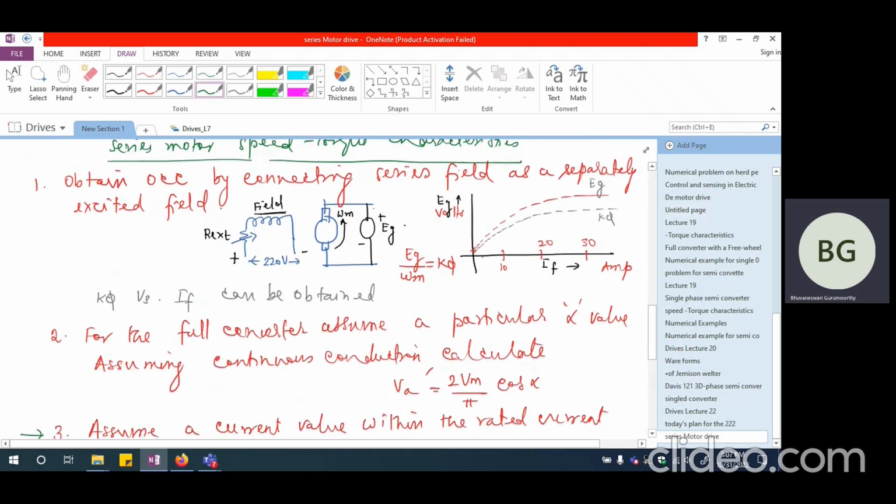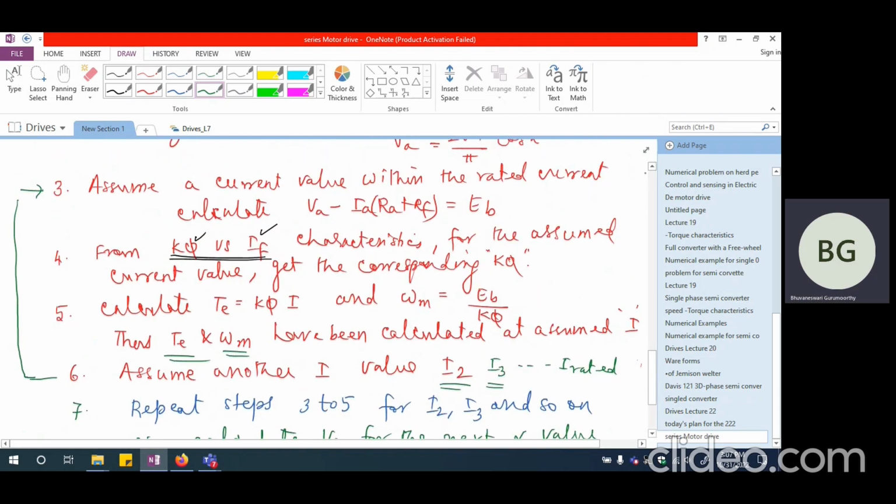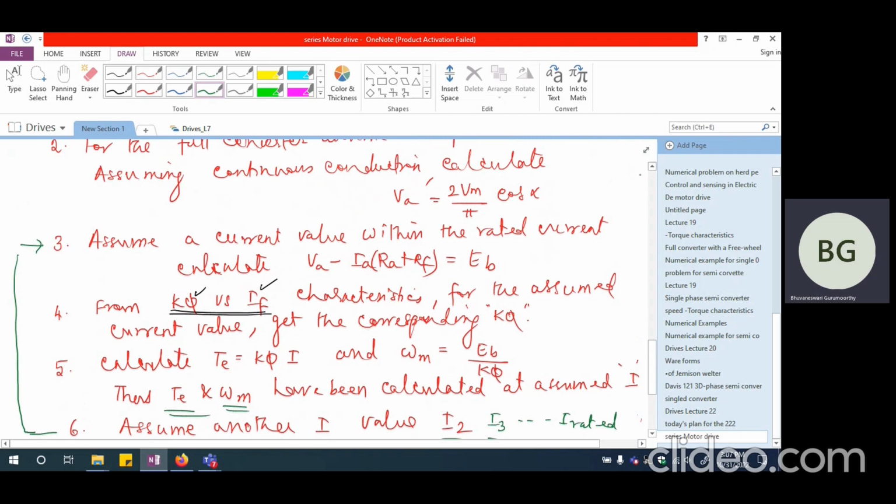Once the next alpha is assumed, at that point you can again assume the current value.